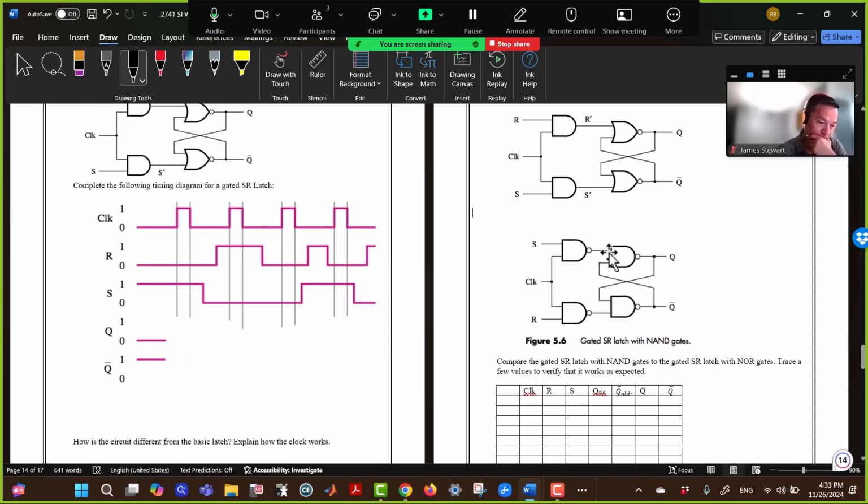Okay. So let's just make some values up, and let's say that Q is originally, let's do the NOR gate first. Let's say Q is originally 1, which means Q bar is 0.